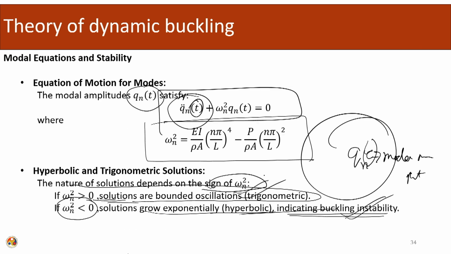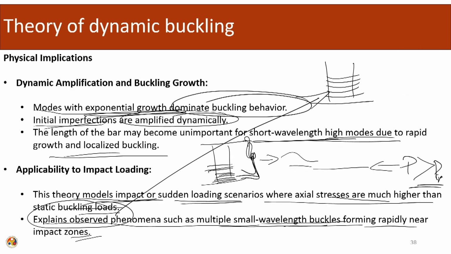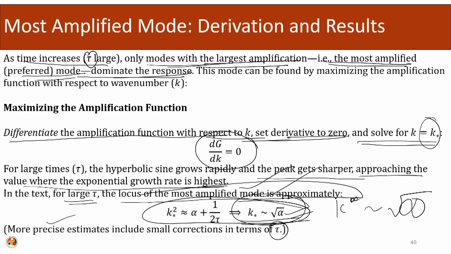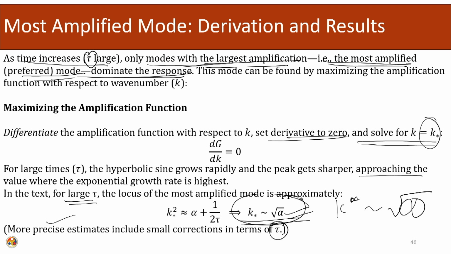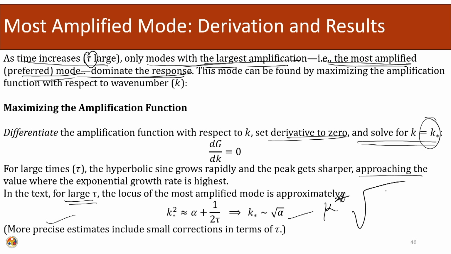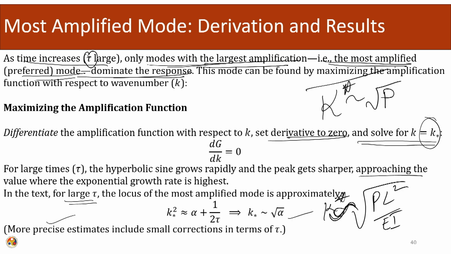If we put the values here, k star will become root over PL square over EI, roughly equal to PL square over EI. This means k star becomes a function of root over P. So, k star is related directly to the applied loading.